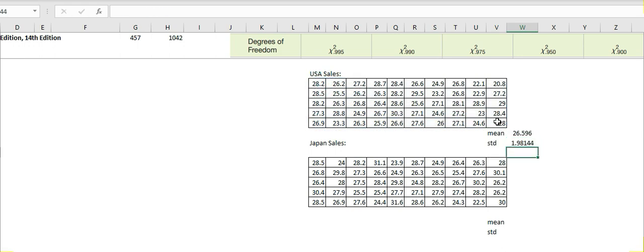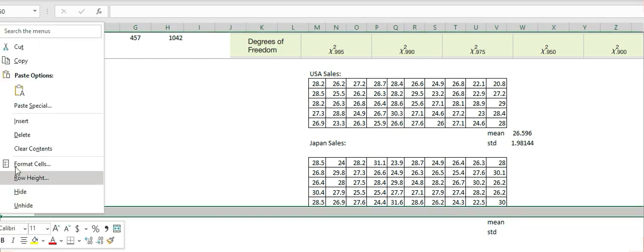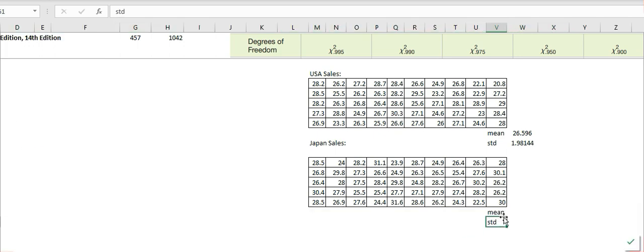We need to delete this one here. You just have to copy this formula here and let's check if it's still okay.